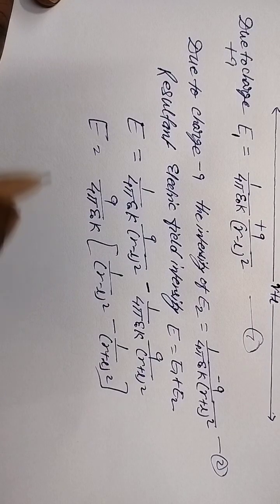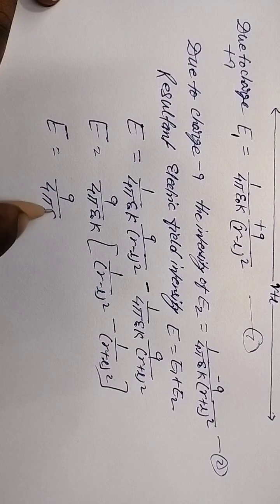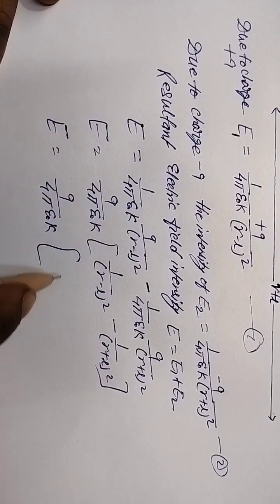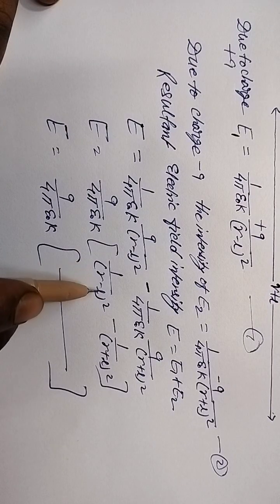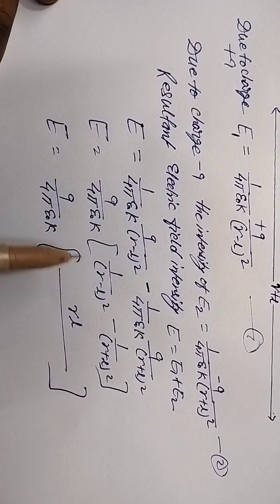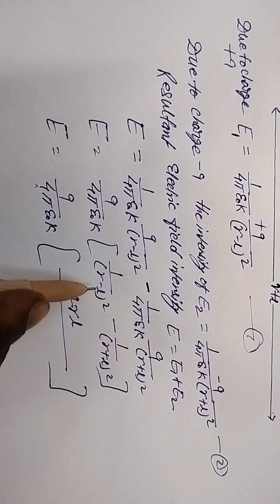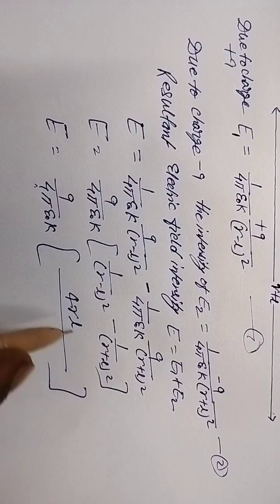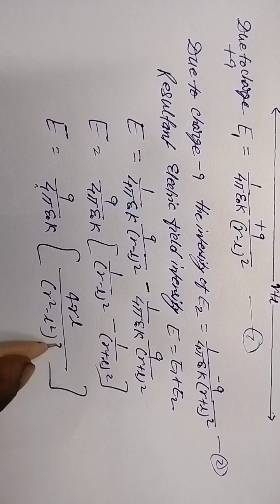We will solve it like this: Q upon 4 pi epsilon 0 K. Here there are two quantities, R and L. Put R and L here, and look, the key point is 4. In one bracket R minus L, in another bracket R plus L, so we get (R square minus L square) whole square.